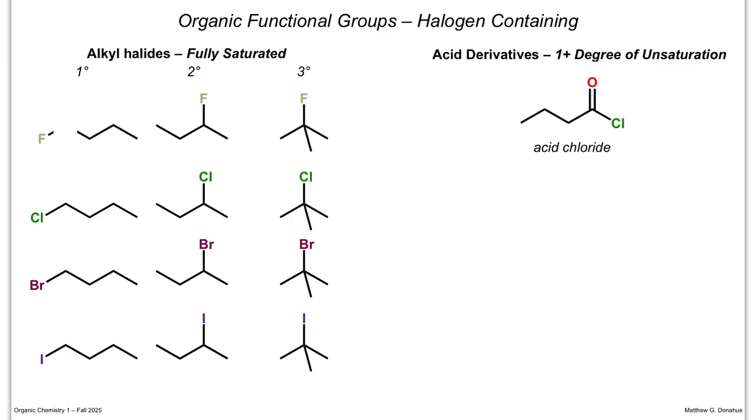And again, why is that important? When we start looking at mechanisms, a mechanism is how a reaction proceeds. How are the electrons moving to break bonds and make bonds? By classifying the halogen, it will tell you what type of mechanism can occur.